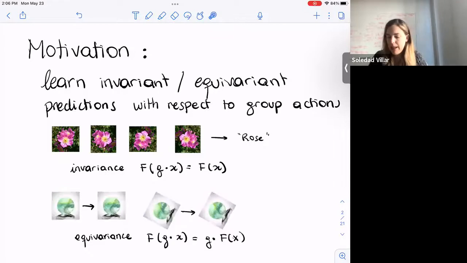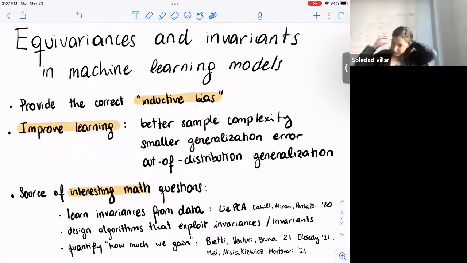So what I'm going to describe today is how we can implement these symmetries into machine learning models, and how we can quantify how much you gain by introducing these priors or these symmetries into the machine learning models in different examples. So why do we want to do this?